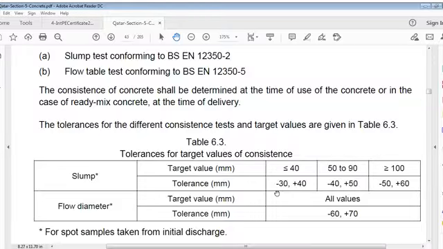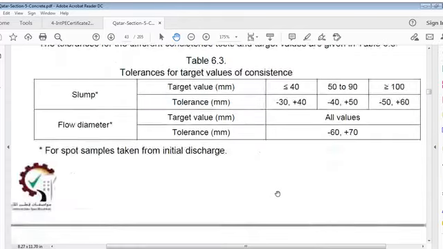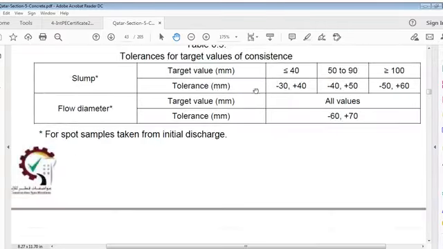Tolerance for target values of consistence slump: target value less than or equal to 40, then 50 to 90, and greater than 100. Tolerance values depend on what? Minus 10 plus 10 for the first, minus 30 plus 40 tolerance for the next, minus 40 plus 50 tolerance for the next, and greater than 100 is minus 50 plus 60 tolerance.